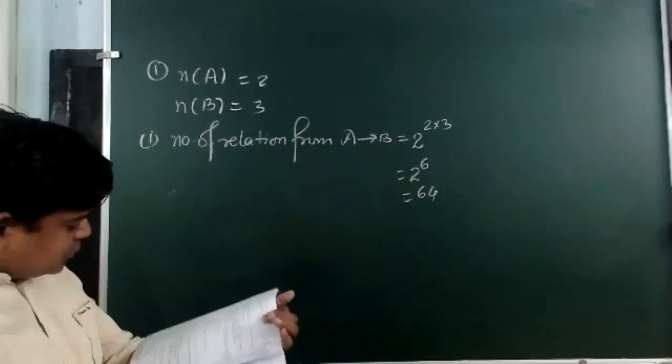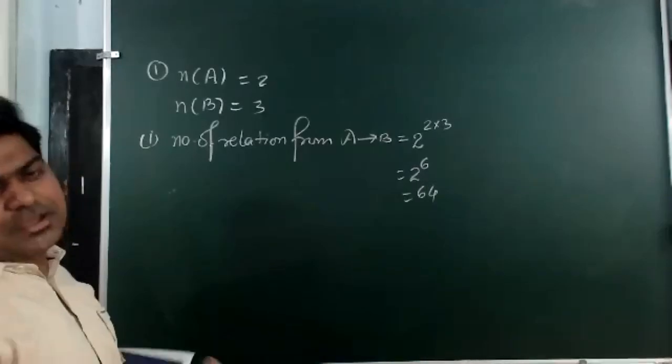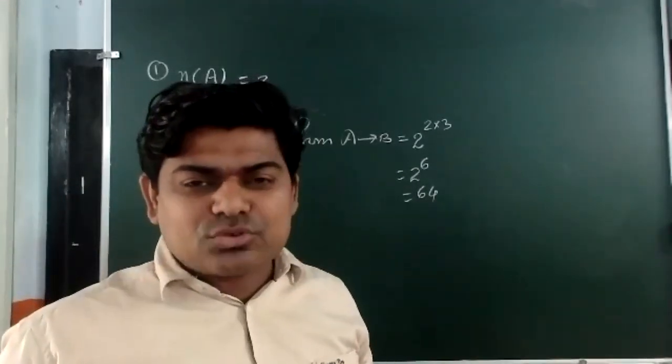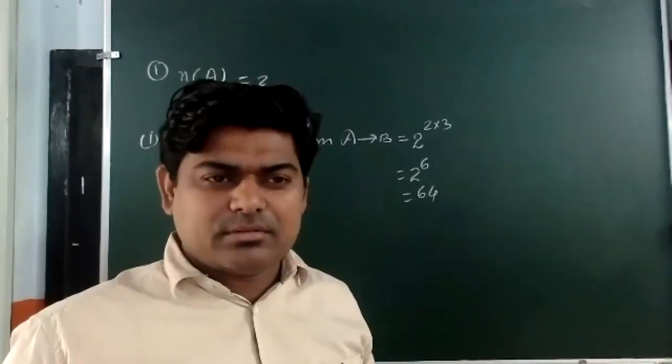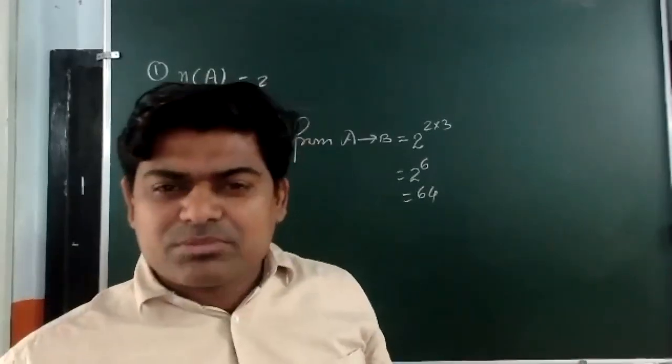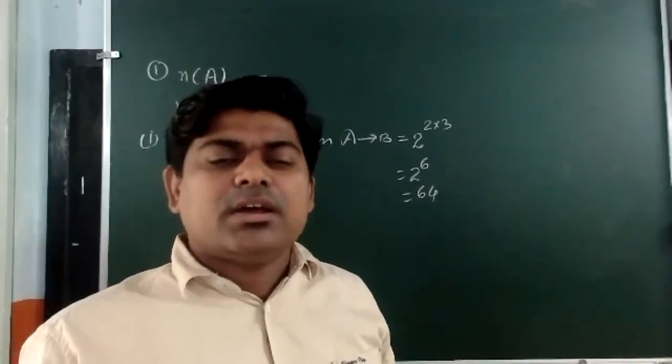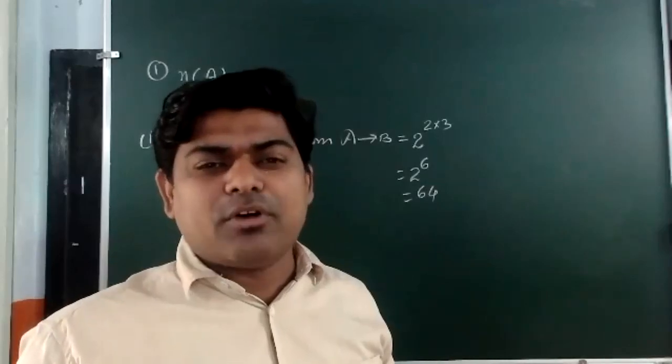Now, if the question is B to A, then R should be a subset of B cross A. And the same number of elements will be there in A cross B and B cross A. Then again we may write 2 to the power.